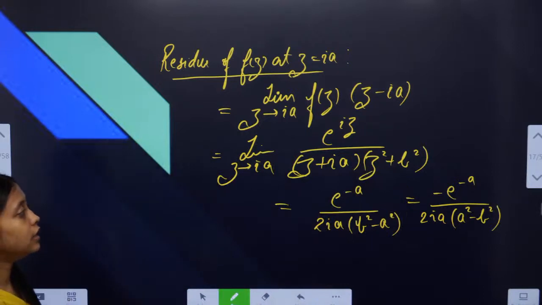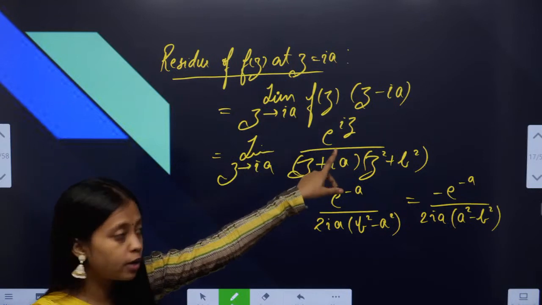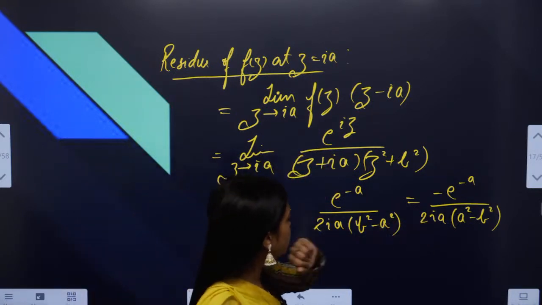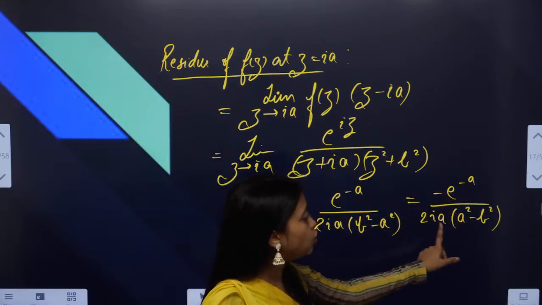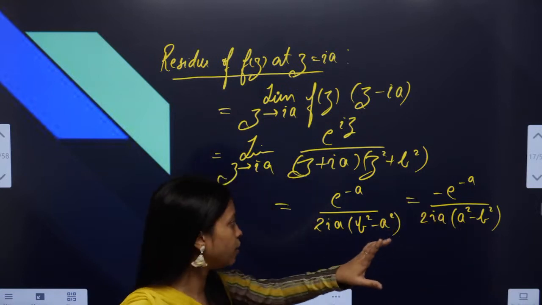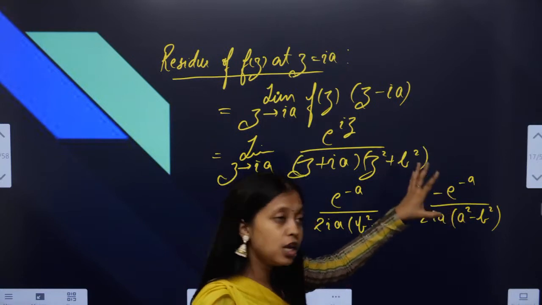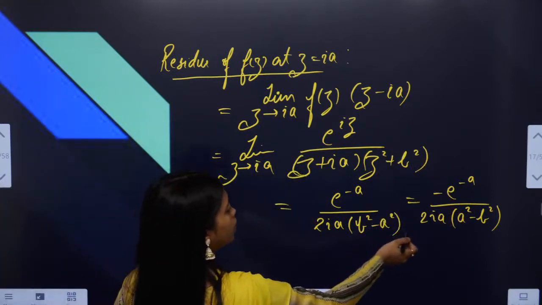And in a similar way you can find the residue at z equals iota b also. Over there you see what the changes will be. Over here you will get e raised to the power minus b upon 2 iota b, and over here a square minus b square; minus will not come here because there we have iota b. You add both of them.